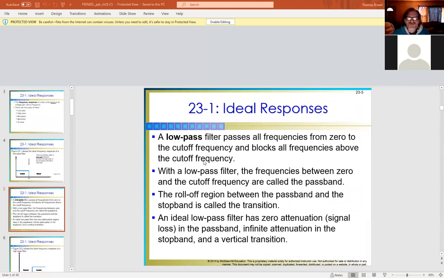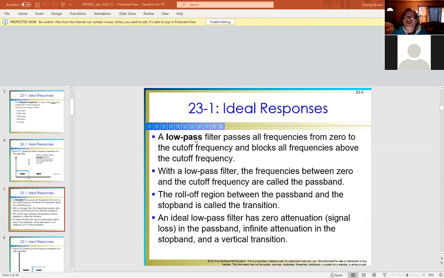And so we have different types, and the names kind of explain themselves with a little education here. Well, a low pass filter passes low frequencies and rejects all high frequencies, depending on what we set up as a high frequency.